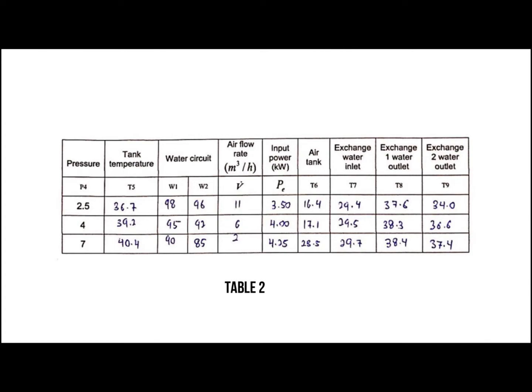By increasing the pressure of P4, the value of water circuit level for 1 and 2 and the airflow rate will decrease. Increase in gauge pressure P4 means that tank temperature T5 and air tank temperature will increase as well.